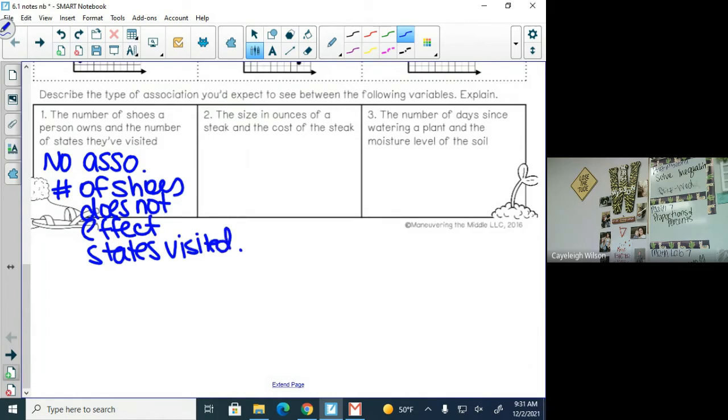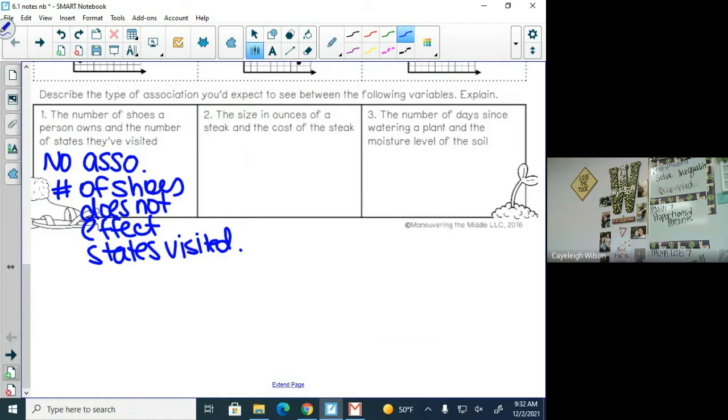Alright, number two. On your own, I want you to think about it. The size in ounces of a steak and the cost of a steak. Don't yell it out, everybody think about it. Alright, what do we think? Positive.